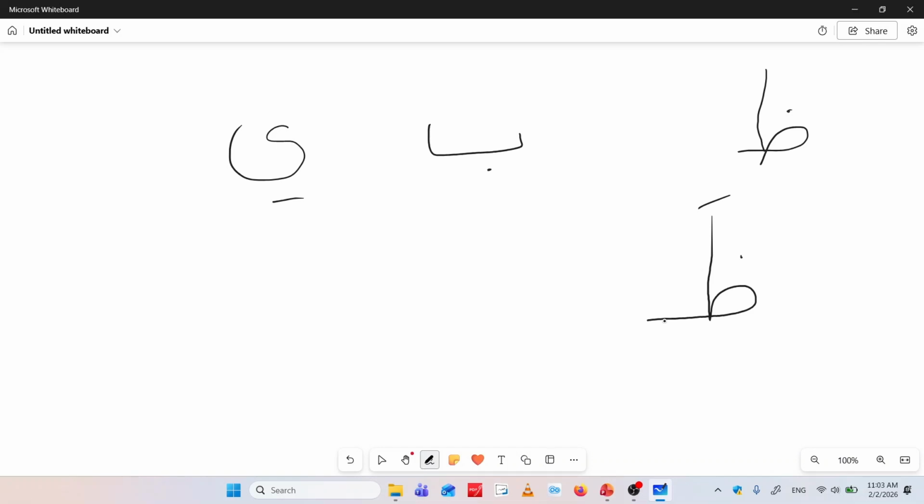Then we have the va in the middle. This word is wabi, which means a young deer. I'm sorry, I can't remember the English word, but wabi, that's a young deer.